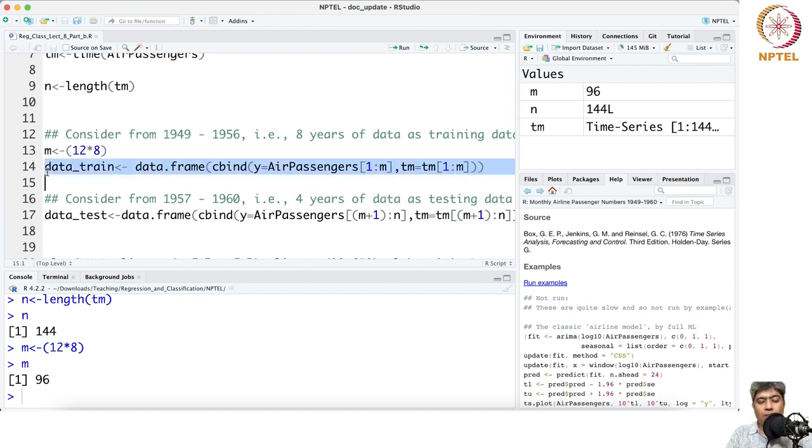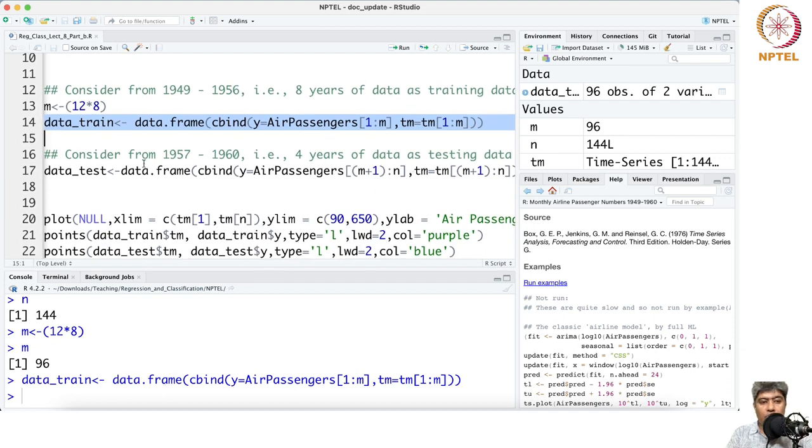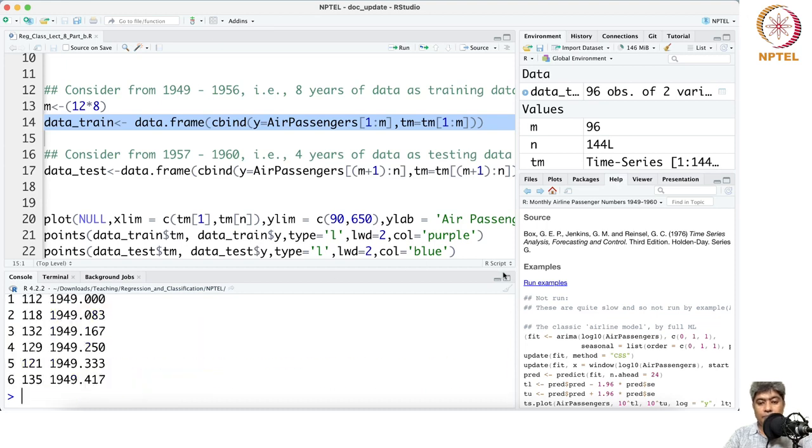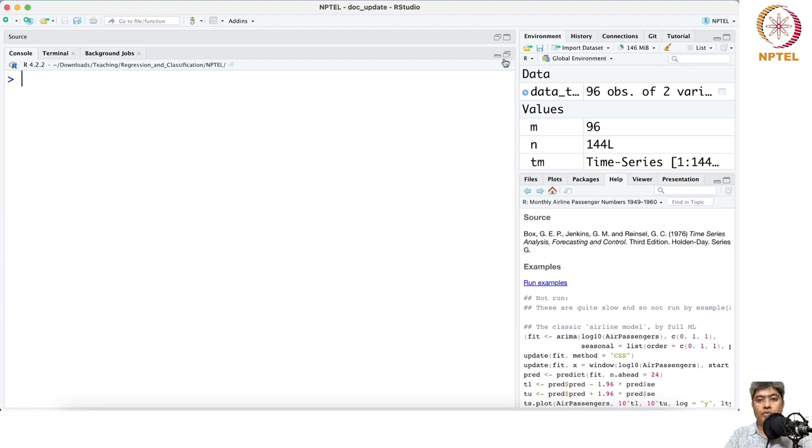I'm defining my training data as a data frame, where y equals AirPassengers from 1 to 96, and tm stands for time. If I now write head of data train, you can see the first few months of data.